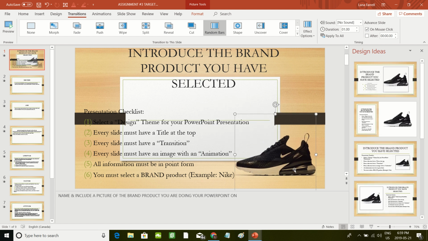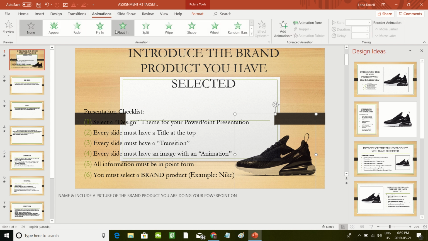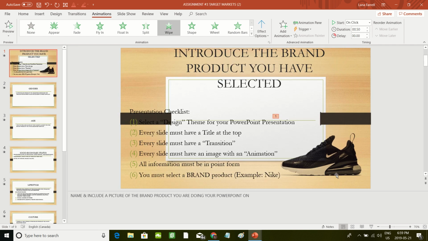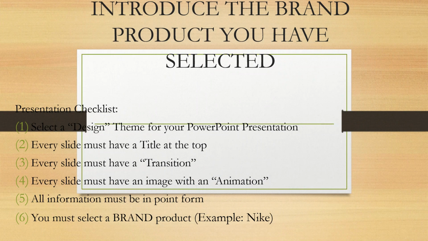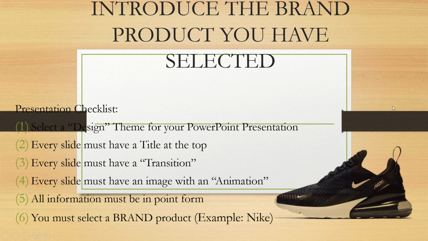Now, to insert an animation, you're going to go up to animations, and you can select any of these animations. Let's say I want to have it wipe in. So that's going to be my animation. If I were to put this in present mode, this is what you'd see. So I have my transition, and then I click next, and then I have my animation where my image pops up.